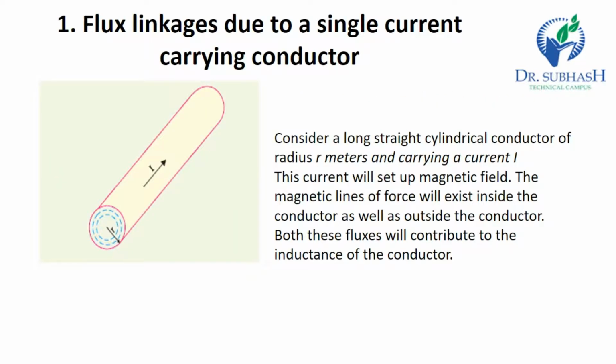Now the first one, flux linkage due to a single current carrying conductor. To find this, we consider a long straight cylindrical conductor with radius r and current I flowing in it.